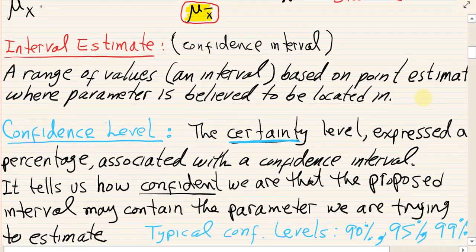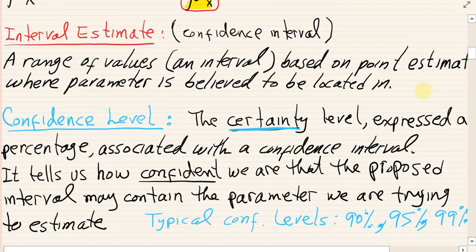Now, associated with every confidence interval is a confidence level. The confidence level tells us how sure, how certain we are that we have captured the unknown population parameter. Usually it's expressed as a percentage. You can express it as a decimal, but usually we call it a percentage.